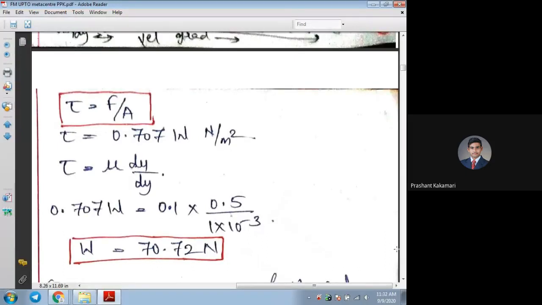In this formula, I substitute all these values where W is unknown, and by transferring terms from left to right side, I can find W, which is around 70.72 newtons in SI unit. So the weight of the plate is 70.72 newtons. Did all of you understand the problem, how we solved it?